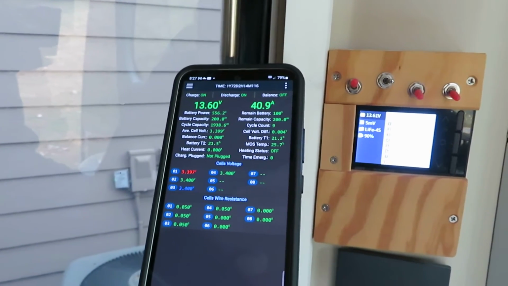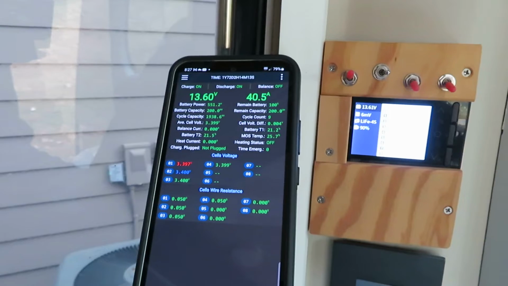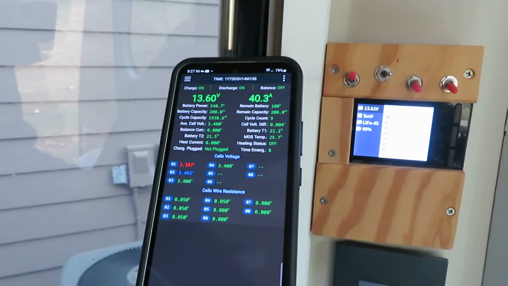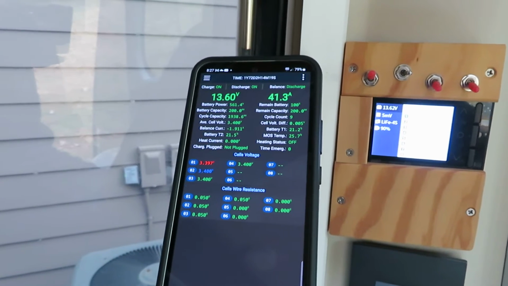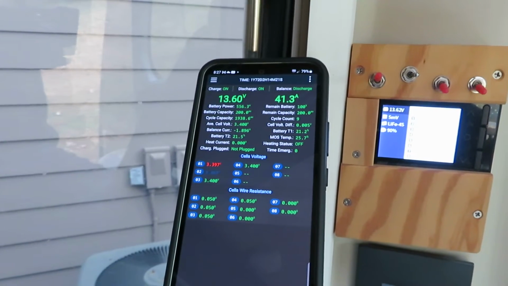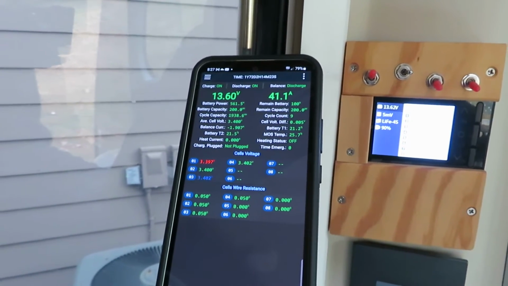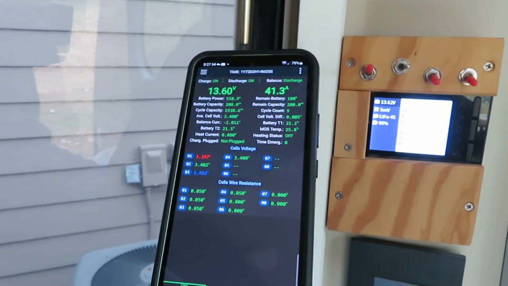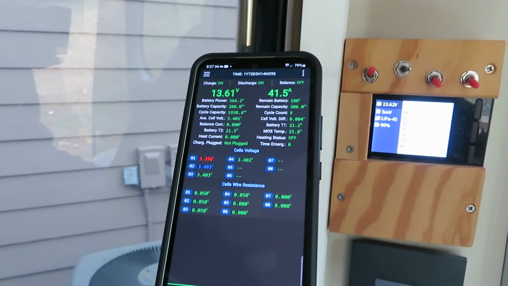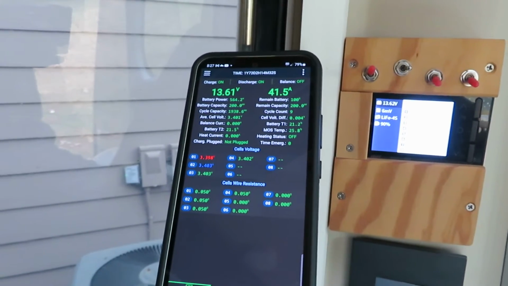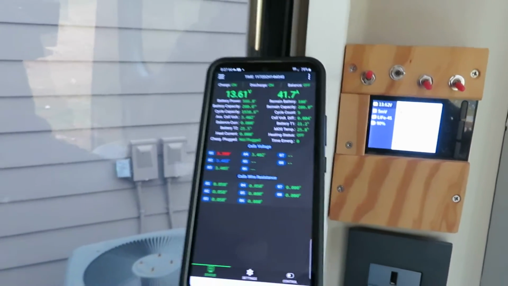So when the high cells get to about 3.6 volts, it would trip the BMS to shut it off so that it's not overcharging. And if the low cells are only 3.2 or 3.1 volt, as you could tell, there'll be an imbalance and the cell would be shut off prematurely.